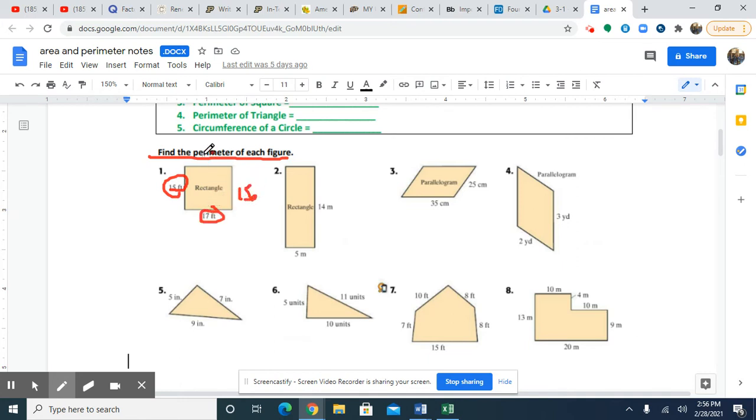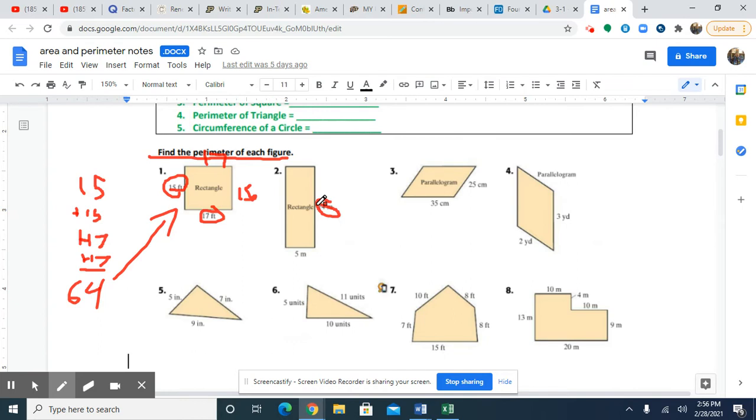And if this side is 17, then this side is also 17. So this should be 15 plus 15 plus 17 plus 17. If we add 15 plus 15 plus 17 plus 17, we get a total of 64, and that would be the perimeter for that.